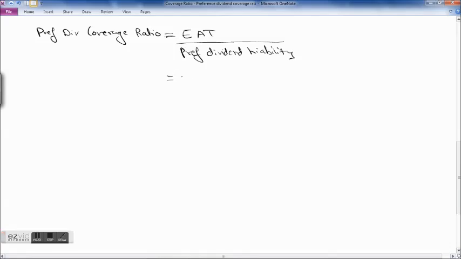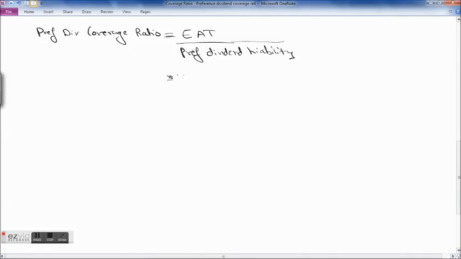It shows how many times your profit after tax covers your preference dividend liability. So is the profit after tax sufficient, or is it able to cover your preference dividend liability? This is what is shown in the preference dividend coverage ratio.